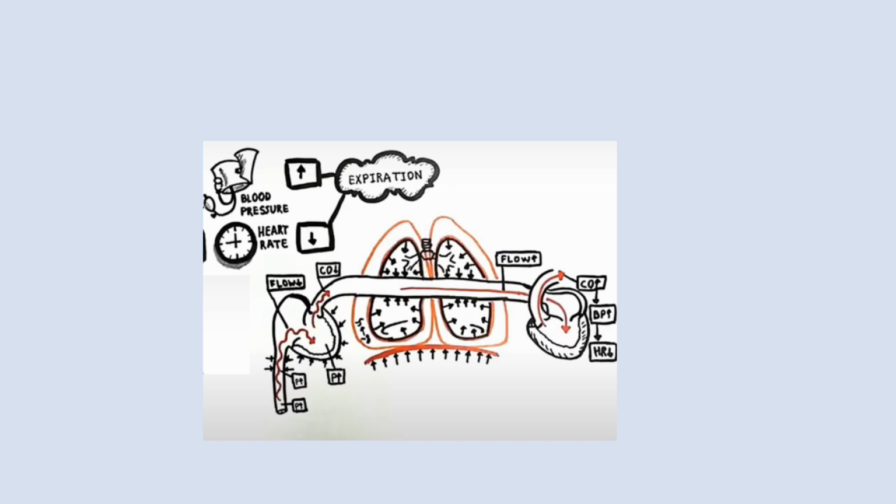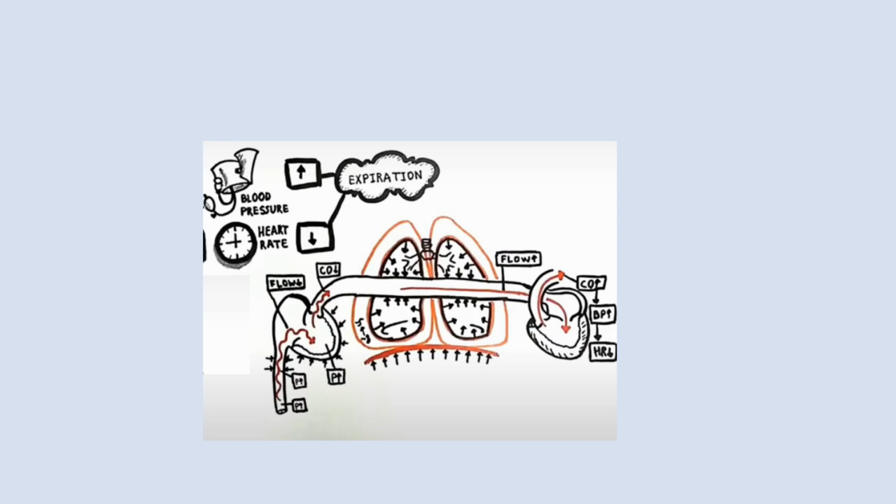The opposite will happen during the expiratory phase. During expiration, there will be an increase in the intrathoracic pressure, and that will result in somewhat of a compression effect on the pulmonary veins, and that will result in increased flow to the left side, which will result in increased stroke volume.